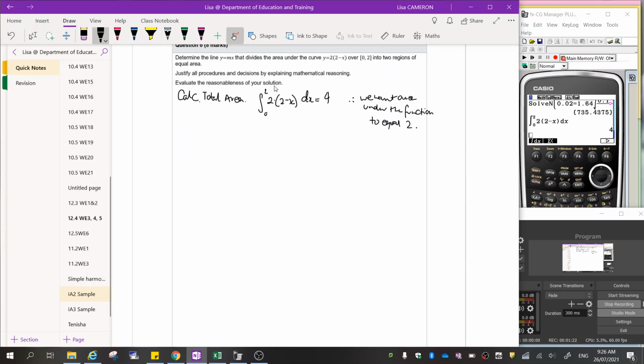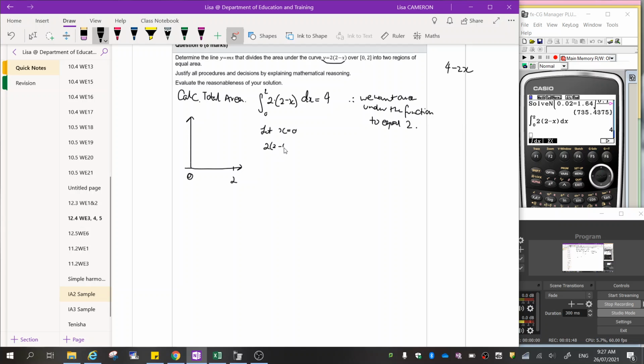this is pretty easy. What kind of function is this? If I expand the brackets, you can see that it is going to be a linear function. So why don't we start by sketching? Okay, and you'll see why I'm doing this in a moment. So there's 0, there's 2. We're going to let x equal 0 and find our first coordinate.